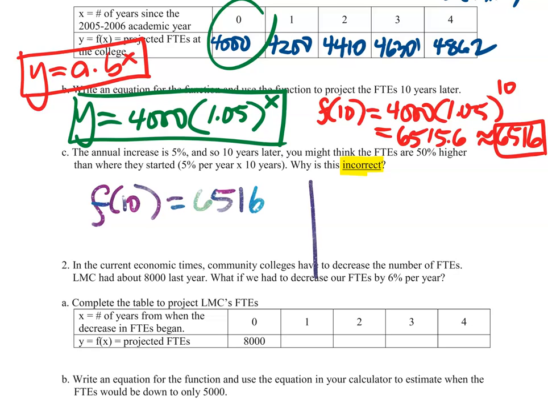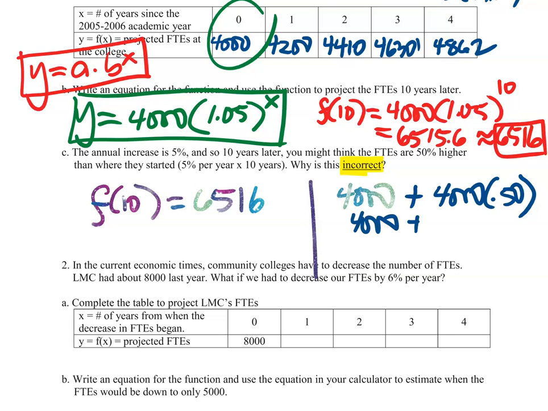Compared to 50% higher than the original in 2005, which is 4,000, let's try 4,000 plus 50% of 4,000, which is 2,000, and 4,000 plus 2,000 is 6,000.